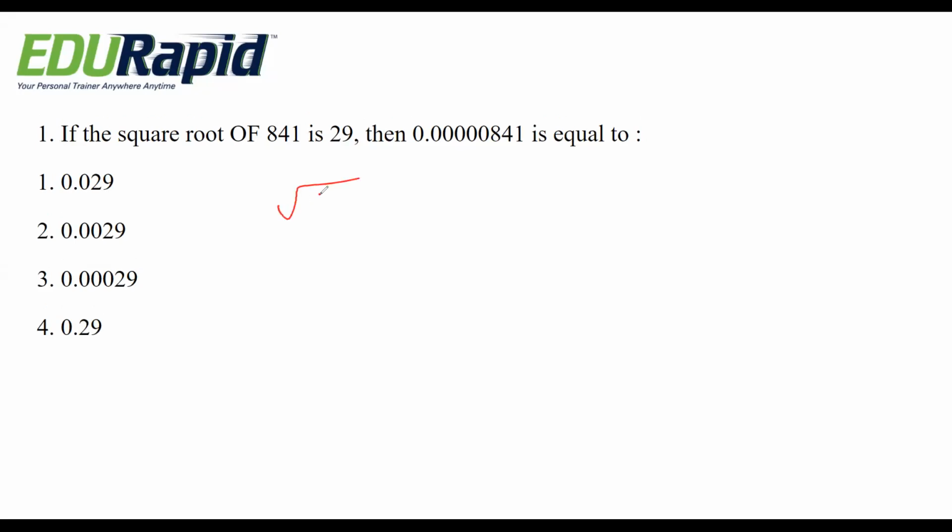They are telling us the square root of 841 is 29. And what is the square root of 0.0000841? Since it is a square root, you have to split the digits into groups of 2 or 4.